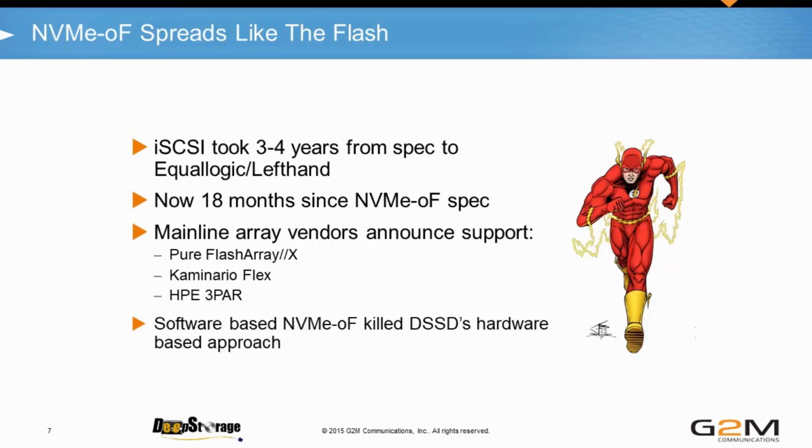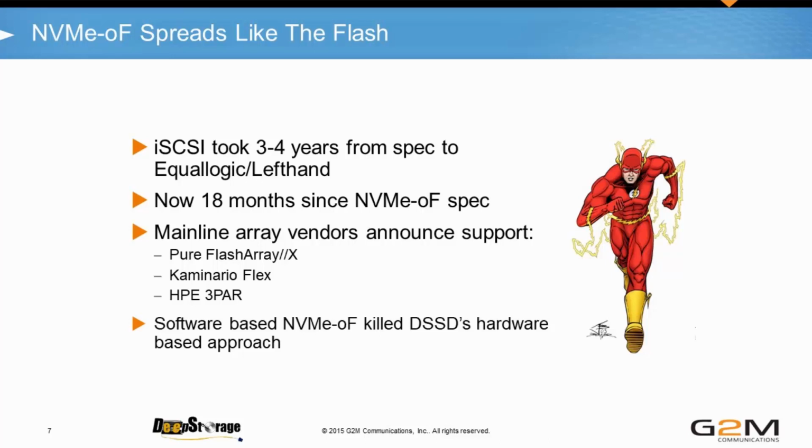It's now about 18 months since the first NVMe over Fabric specifications, and we're now seeing mainline storage array vendors announce support for NVMe over Fabrics in their products, both as a compute layer access protocol and as an array to expansion storage, kind of the shelf protocol. In my opinion, over the next 4 or 5 years, NVMe over Fabrics will essentially replace SCSI as the lingua franca for high performance storage communications.